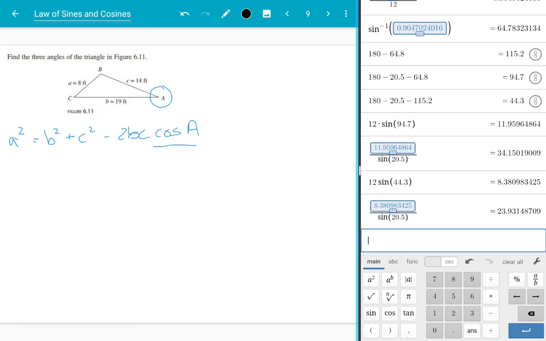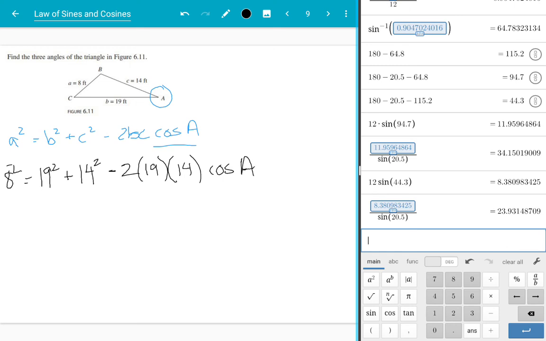We're going to have A squared, so that's going to be 8 squared, equals B squared, so we have 19 squared, plus C squared, which is 14 squared, minus 2 times BC, so we have B, 19, C, 14, times the cosine of A. That's going to be the variable.